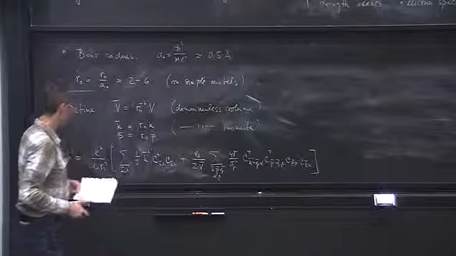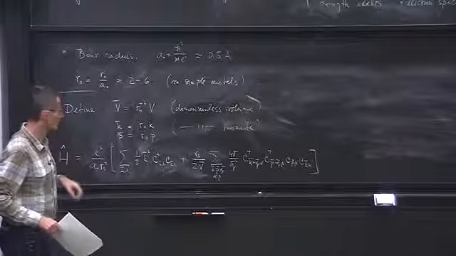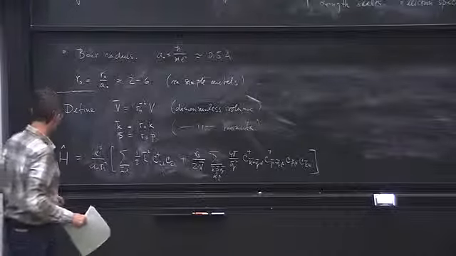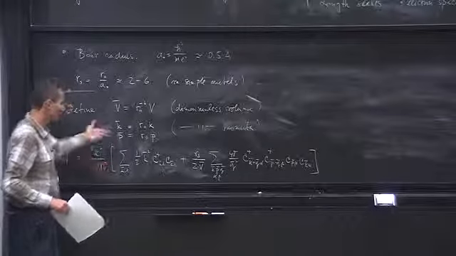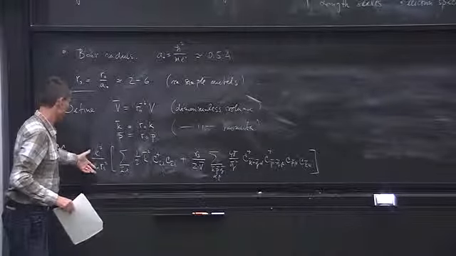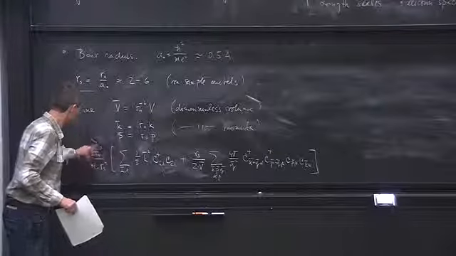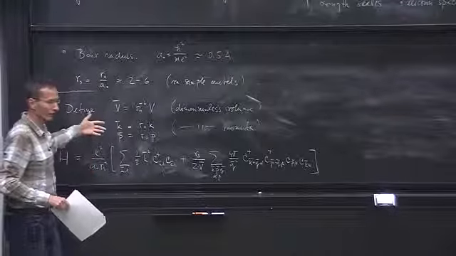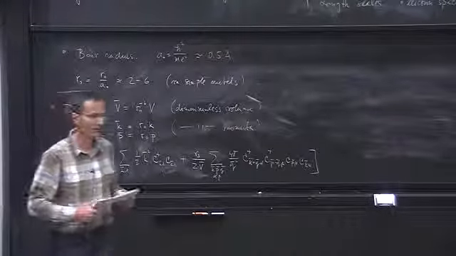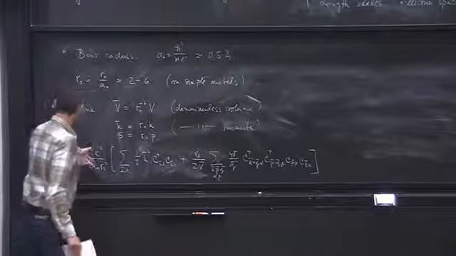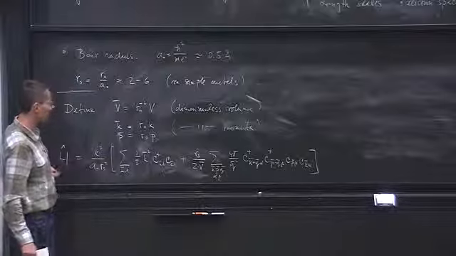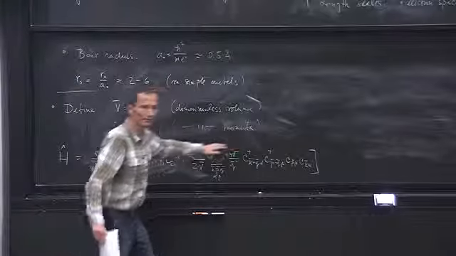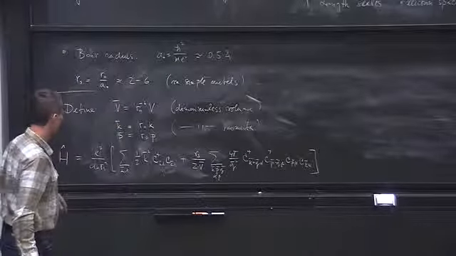Okay, so this is how the Hamiltonian looks in these dimensionless variables. As I mentioned, all the dimensionful variables are up front. This e² over a0 is just the Coulomb energy of the hydrogen atom, 13.6 electron volts. It's divided by this dimensionless number rs², and everything else here is dimensionless.